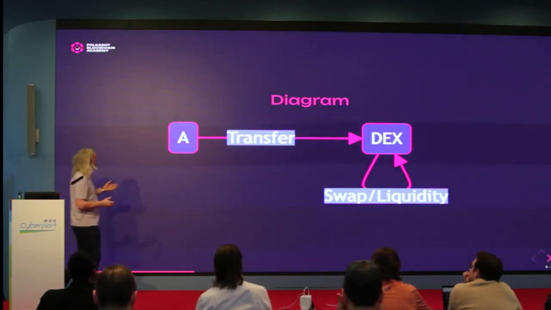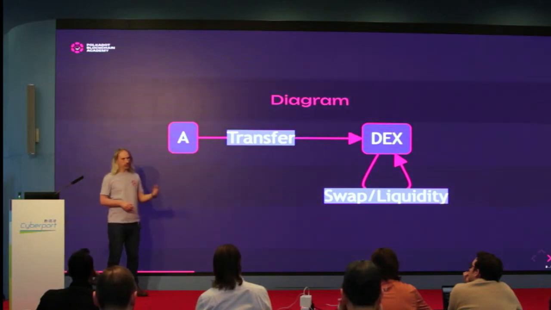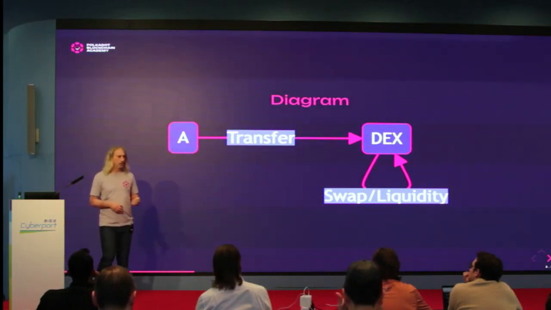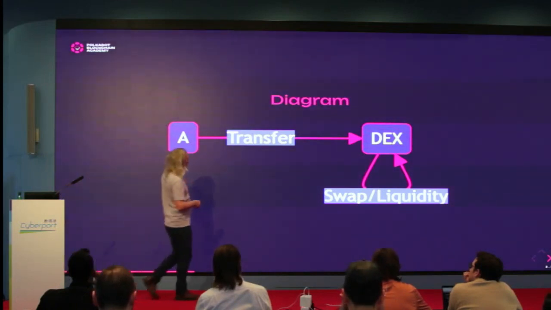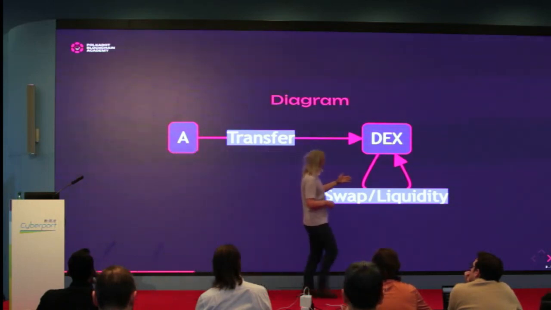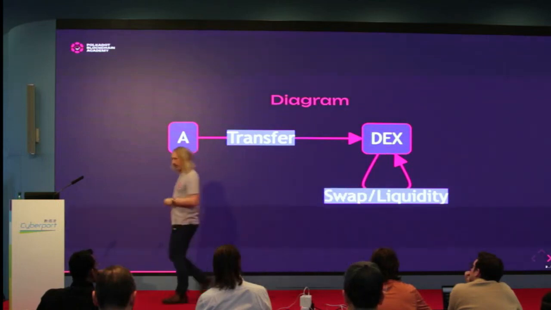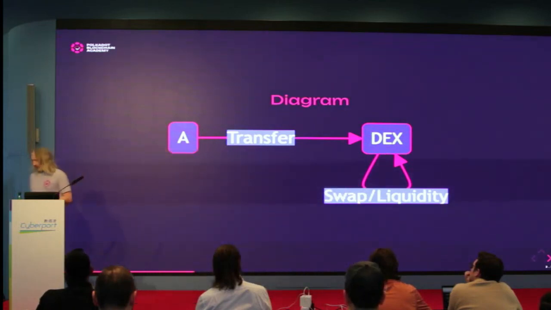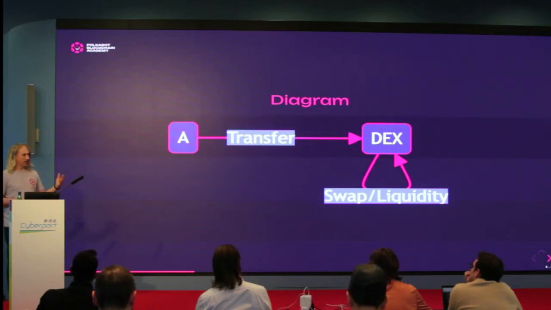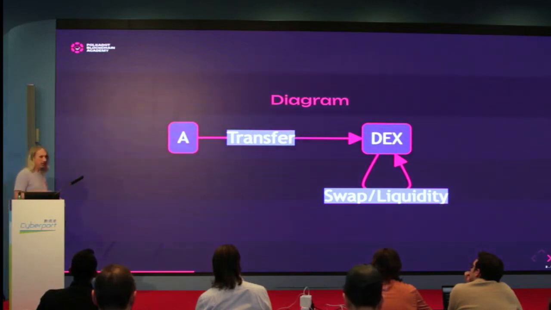If A is a logical entity, not specifically a key pair, then you don't have the option of just having a key pair over here and interacting with the DEX directly. If you can interact with the chain directly, it's usually better to do that.